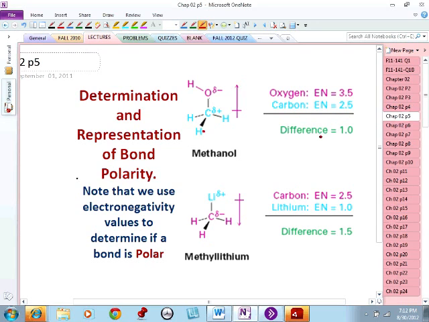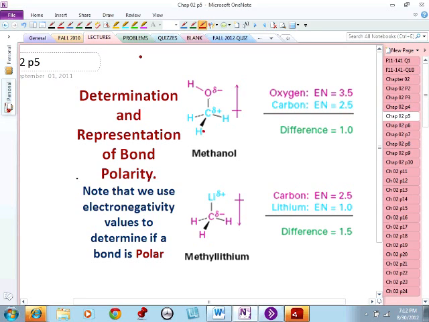Now, anytime the difference in electronegativity between two atoms in a covalent bond is 0.5 or above, then you say you have a polar covalent bond. Okay. If the difference in electronegativity is 0.5 or above, just as a rough estimate, then you say you have a polar covalent bond.